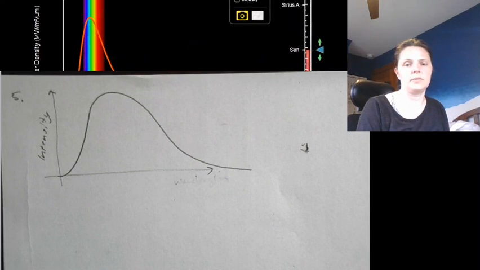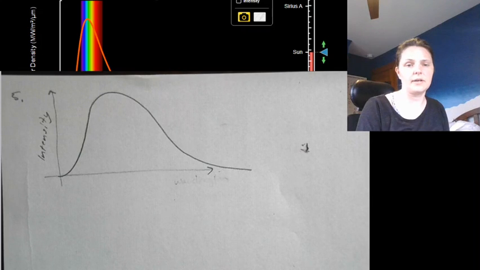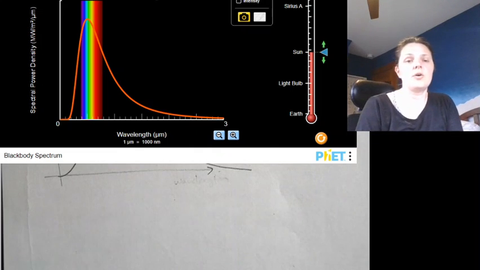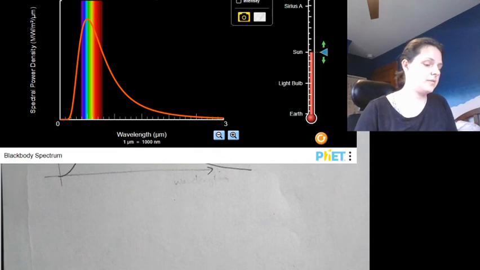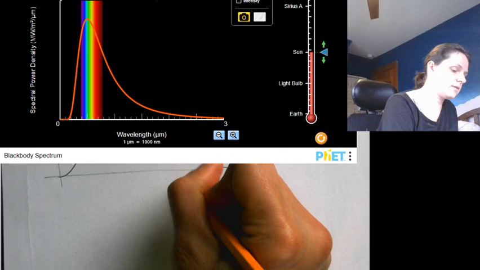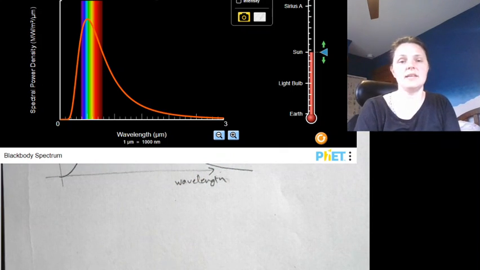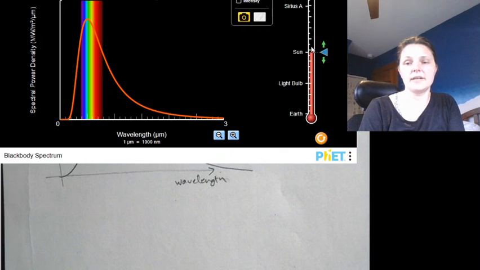So let's make this a little bit bigger and remind you what we're talking about here. Something that is the temperature of the sun right here emits at all different wavelengths of light. But this peak right here is the thing that this question is asking for. So we're just trying to calculate the location of the peak.